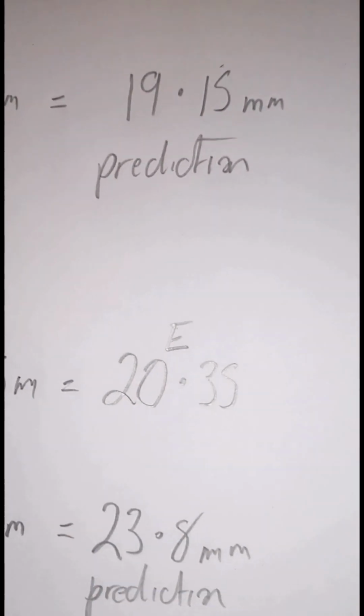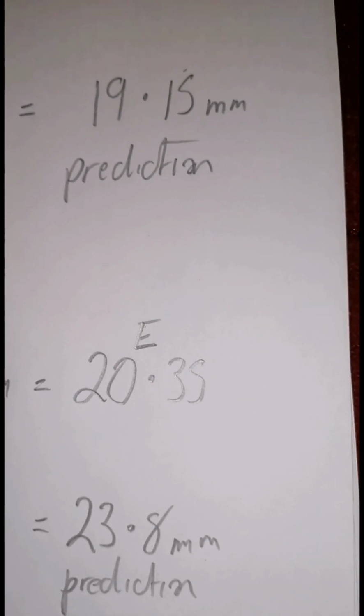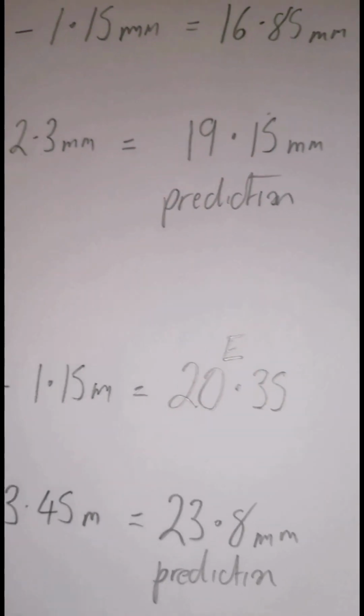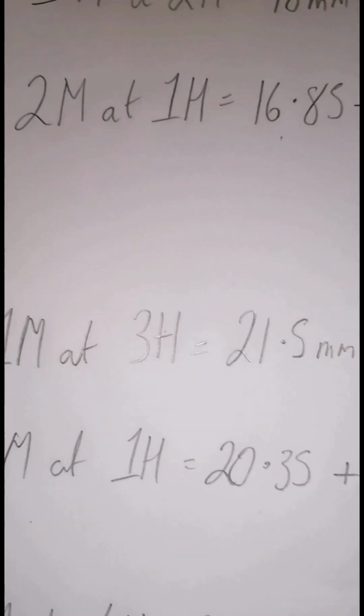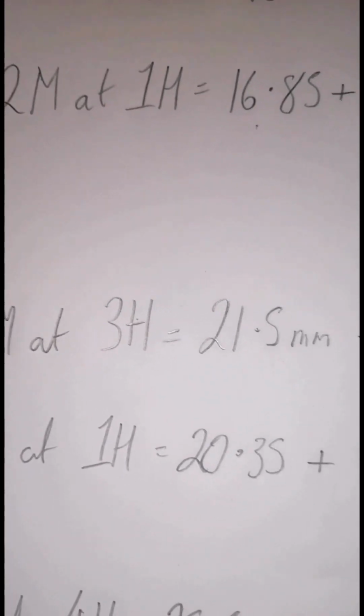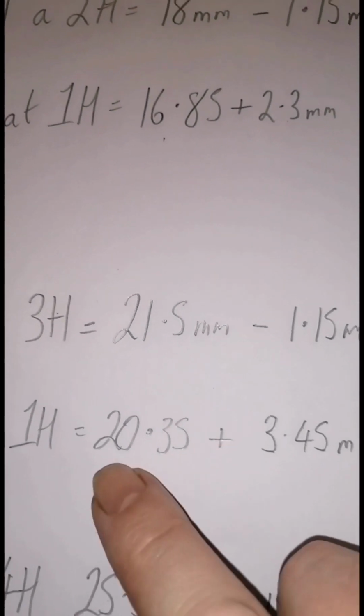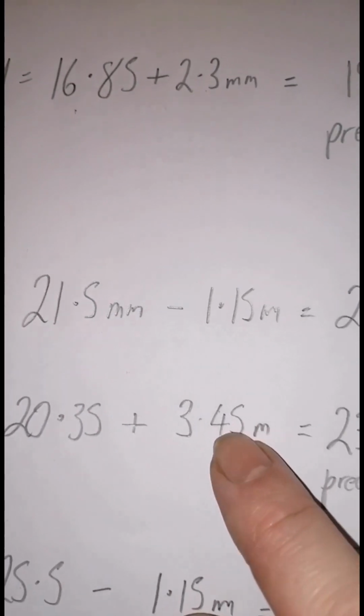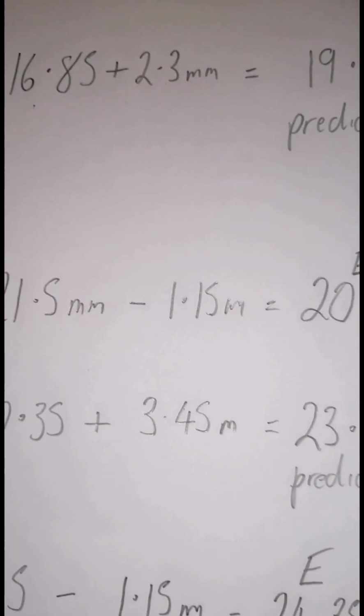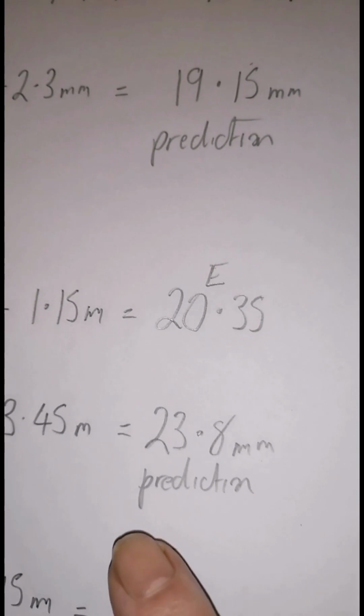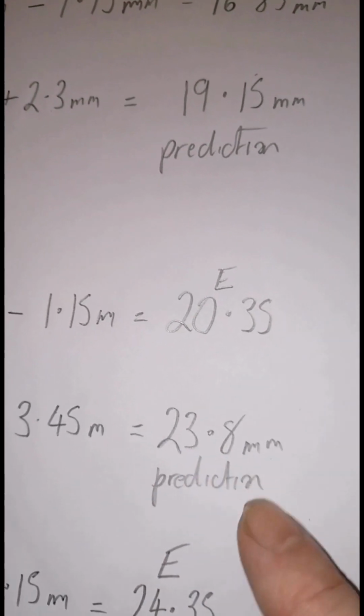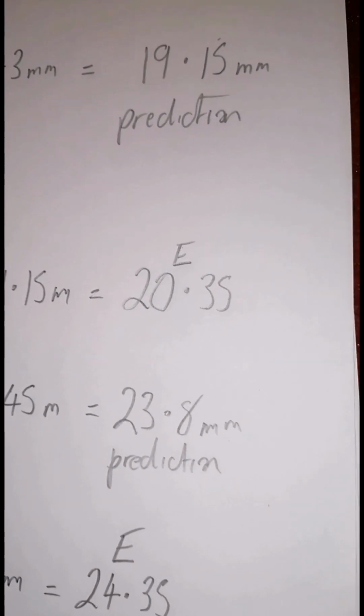So we've got an energy of roughly 20.35 millimeters of compression. So again, for the 3 mass at 1 height, we can add the energy plus the added weight, which would be 3.45. So we can predict roughly 23.8 millimeters of compression.